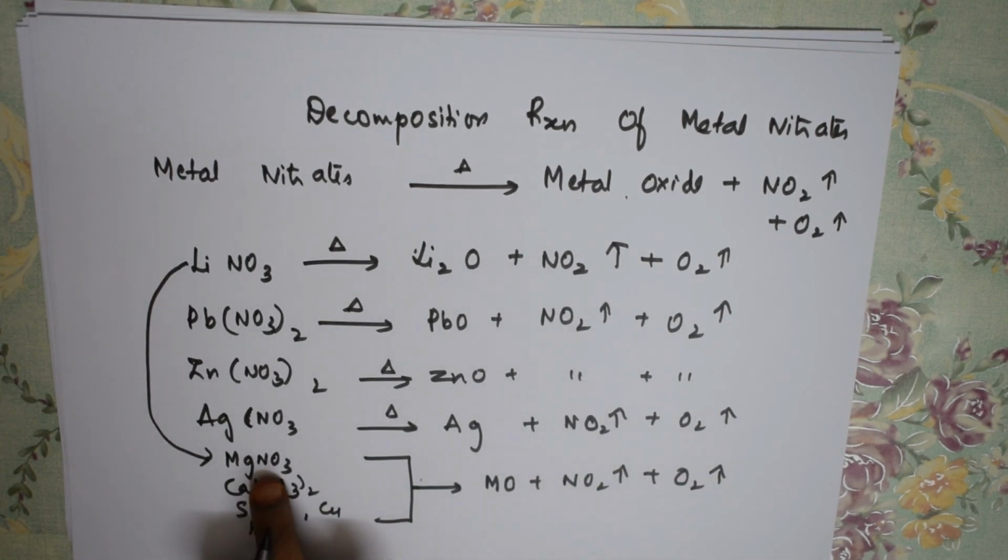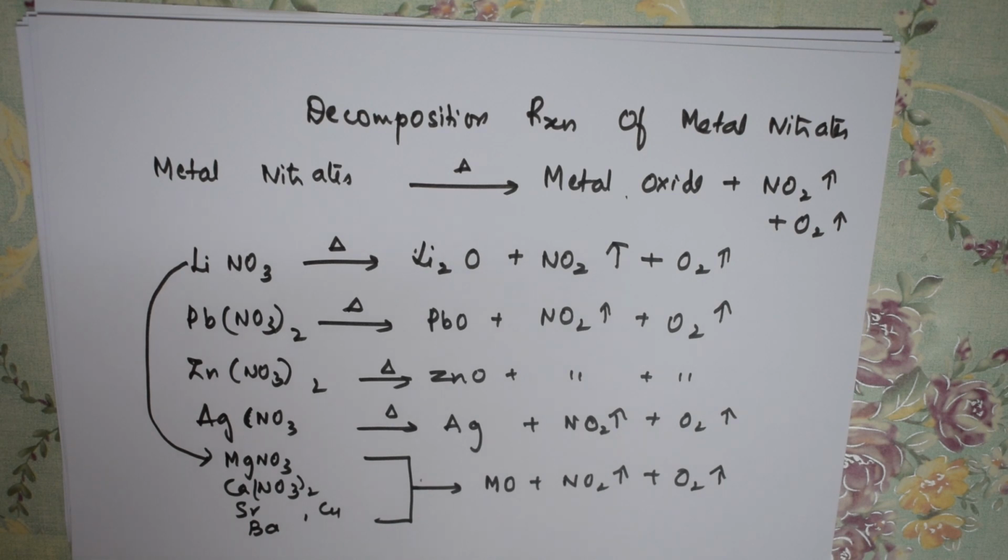So nothing, simple. If I take magnesium nitrate and heat it, what happens? What did I say just now? Magnesium nitrate decomposes to form metal oxide, correct, no? Metal oxide and nitrogen dioxide, as well as oxygen, correct? So here, what should you remember?